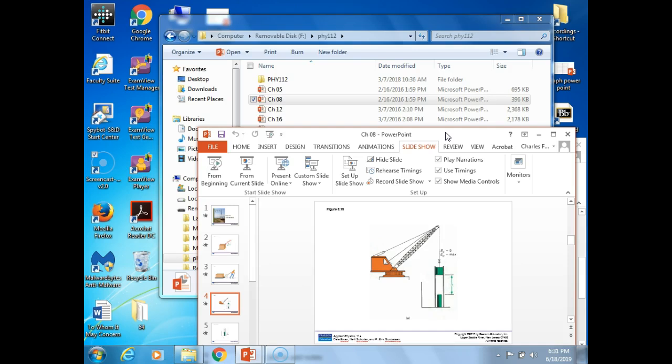Now, it's not quite the same as the picture in the book, but it's somewhat similar. Now, it says a pile driver shows the relation between the energy of motion to useful work. The energy of the driver is its kinetic energy as it hits. When the driver strikes the pile, this is the pile driver here.